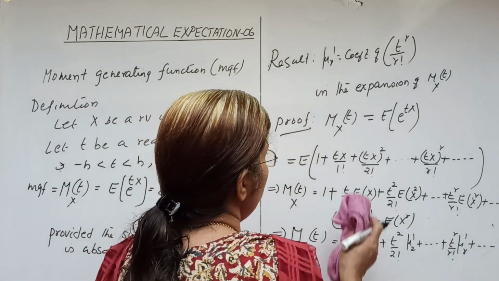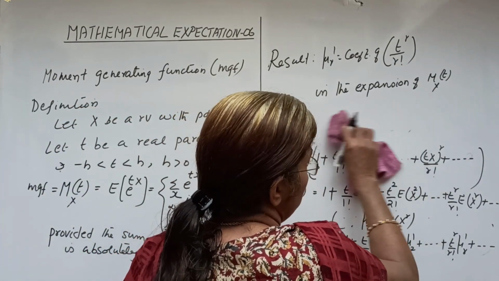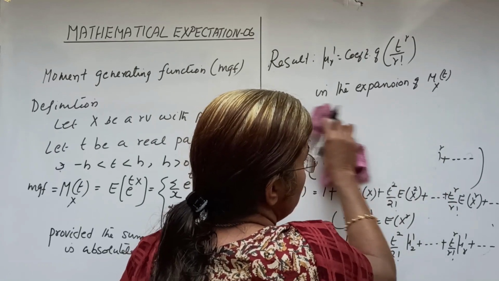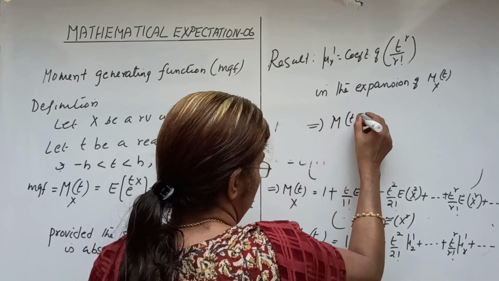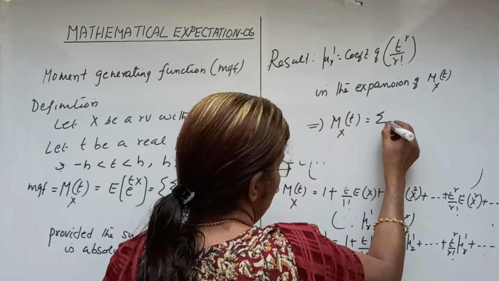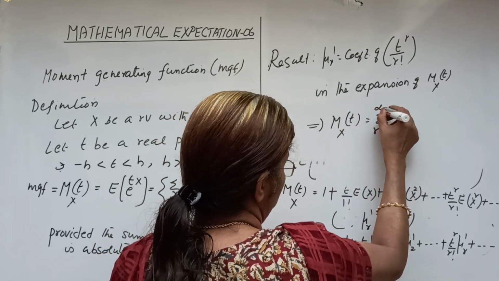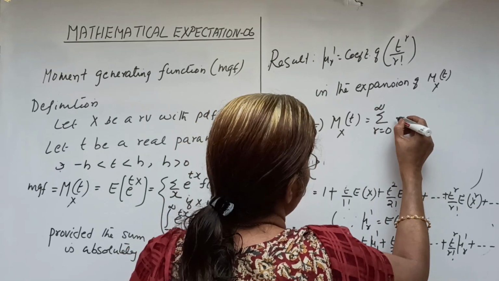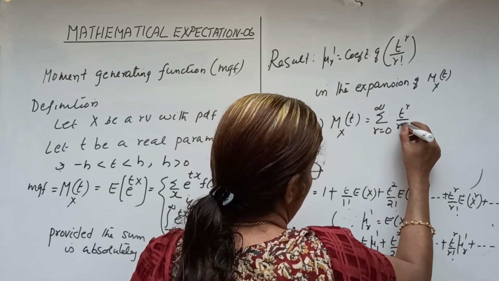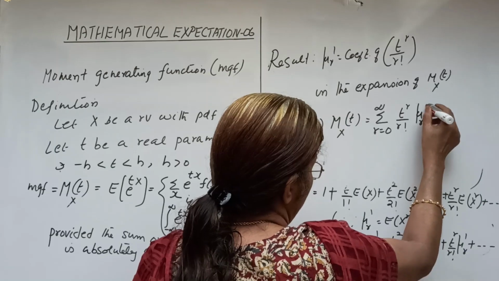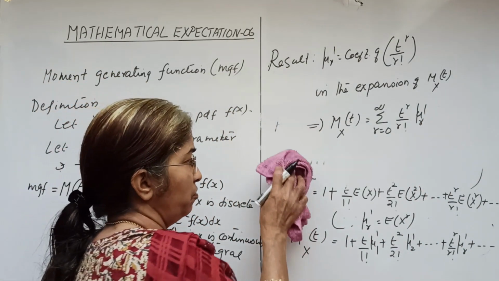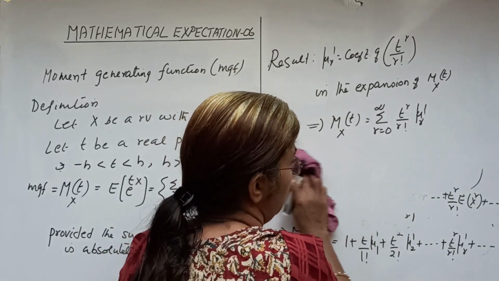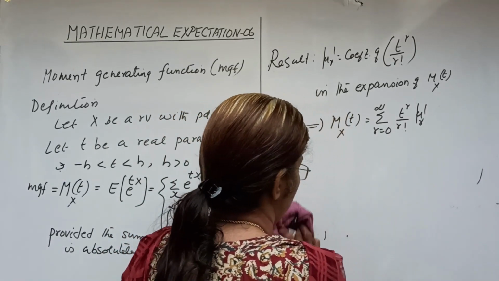That is, we can write M_X(t) as the sum over r equal to 0 to infinity of t raised to r by r factorial mu r dash.